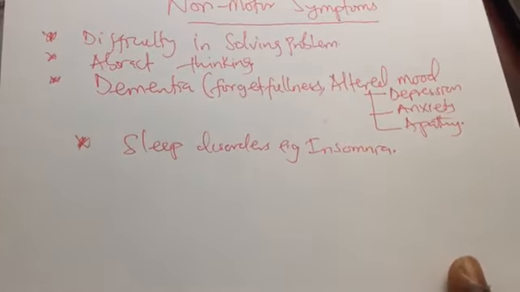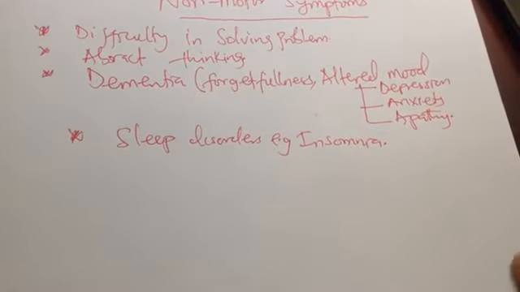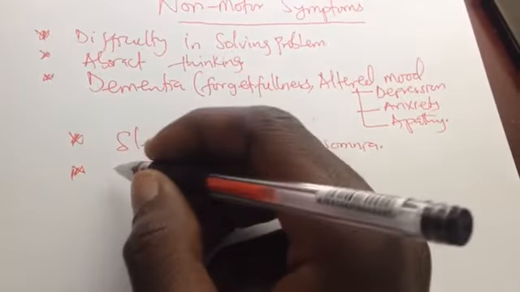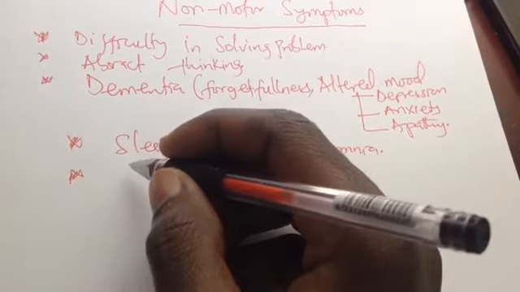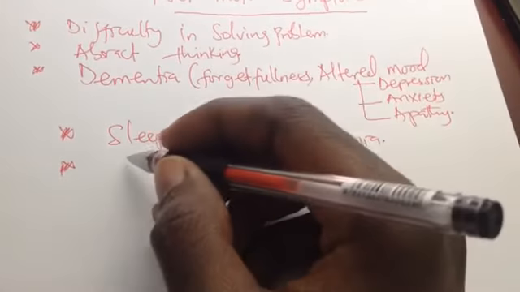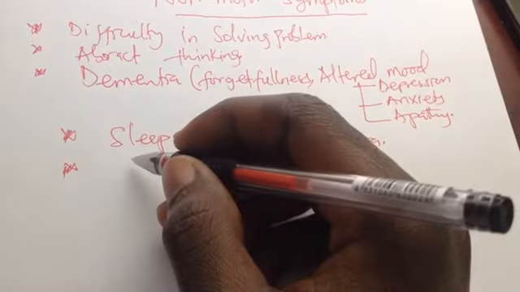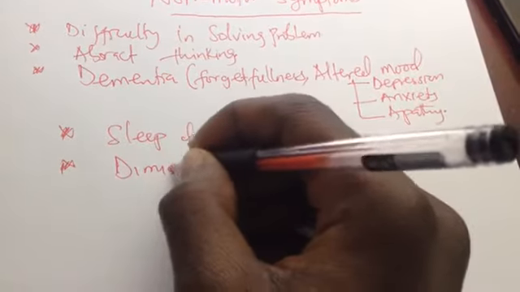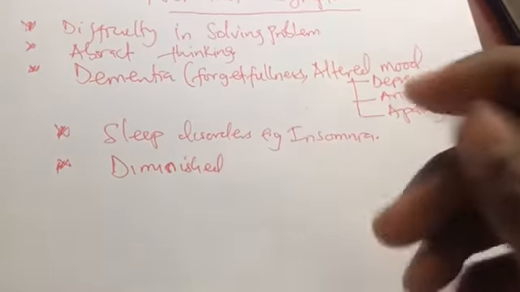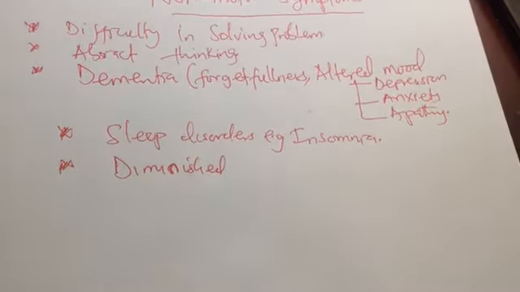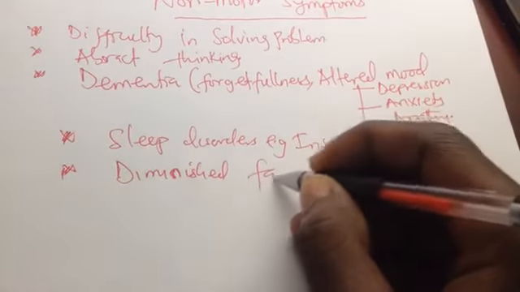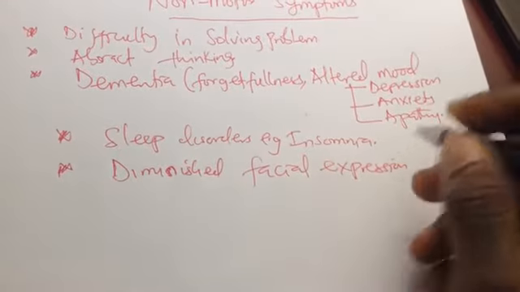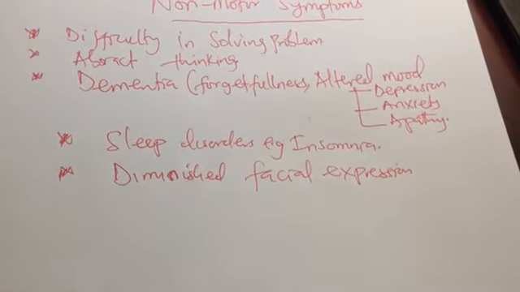And one thing I forgot to mention in the motor symptoms is the face mask sign. There is diminished movement of the muscles of the face, so the person will have a diminished facial expression, because we can mean something without talking, just by using our facial expression.